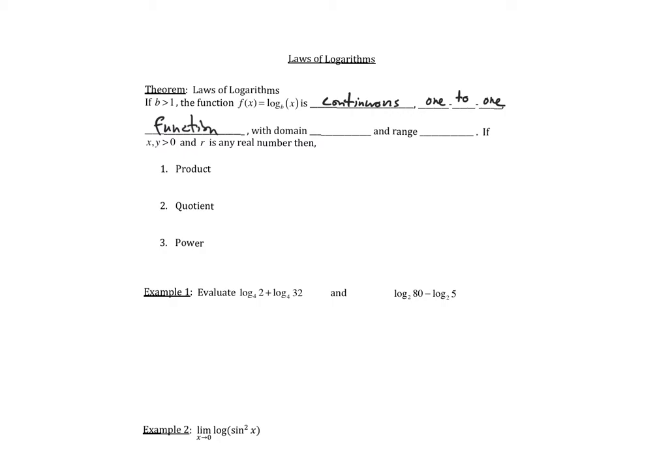And its domain is going to go from 0 to positive infinity, and its range is going to go from negative infinity to positive infinity. Okay. So if you have two numbers, x and y, these guys are both greater than 0, and r is any real number, then we're going to have three laws of logarithms.